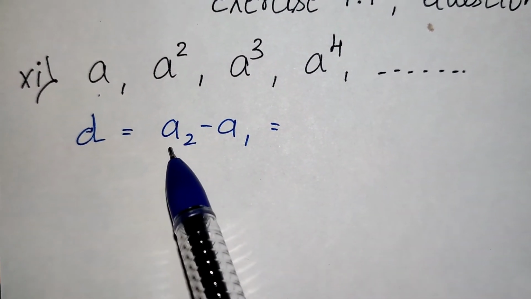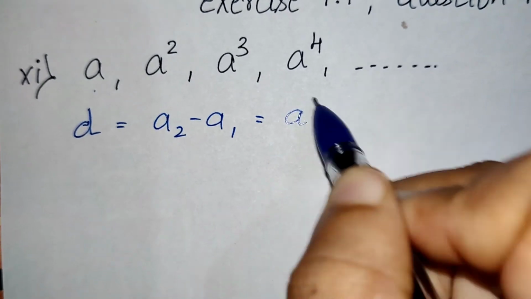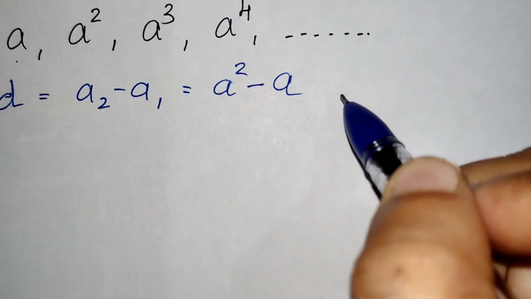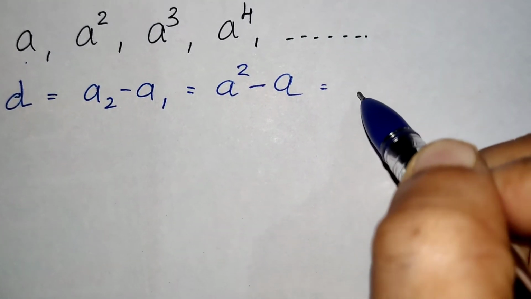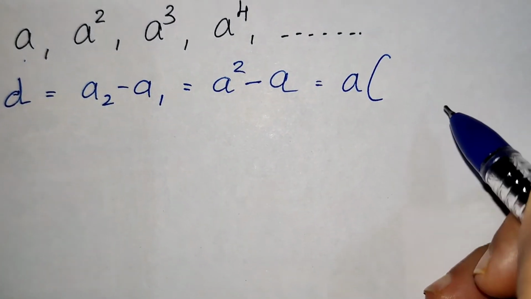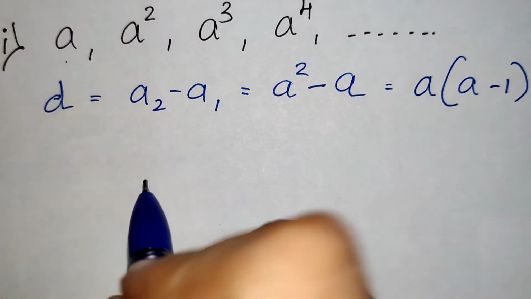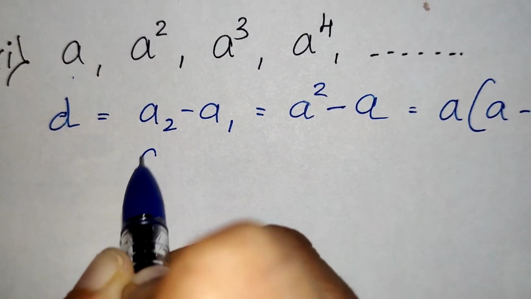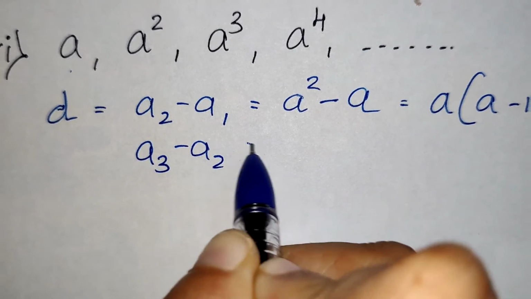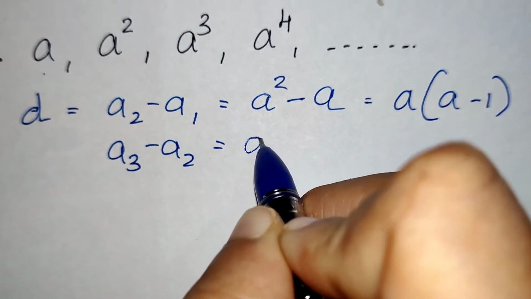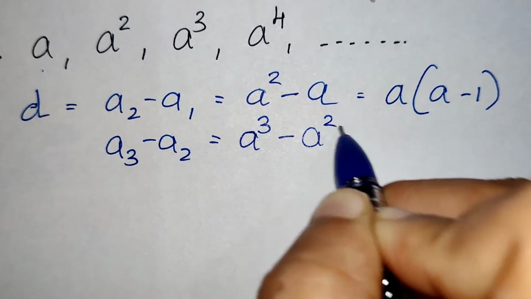Now let us write a2 minus a1, that is a square minus a. In this a square minus a, I'll take the common term outside, that is a. I'll be left with a minus 1. Now let us see one more scenario of the common difference, that is a3 minus a2. It is again a cube minus a square.